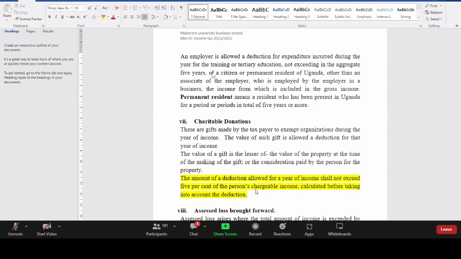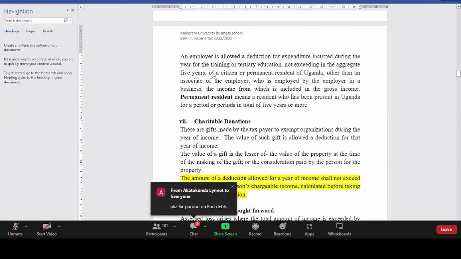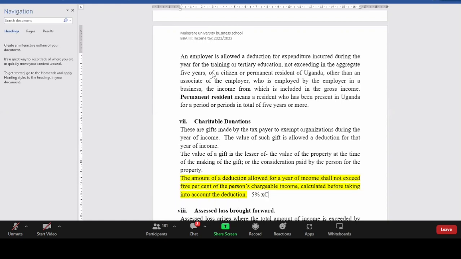So you look at 5% multiplied by chargeable income before considering donations.